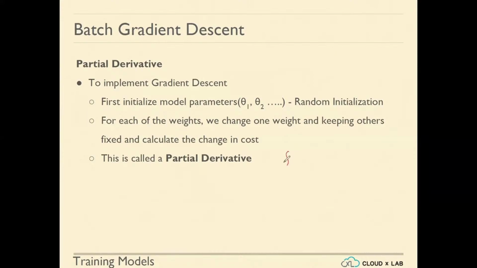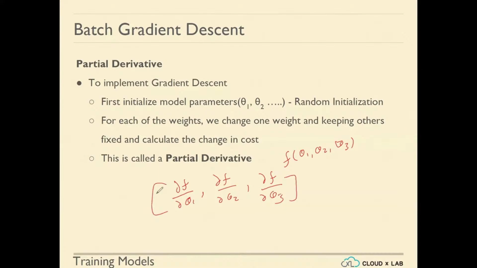Suppose we have a function of, let's say, three unknowns: theta1, theta2, theta3. If you calculate the derivative, here it is called the partial derivative, which is the partial differentiation of this function with respect to theta1, comma, the partial differentiation with respect to theta2, and the partial differentiation with respect to theta3, right?